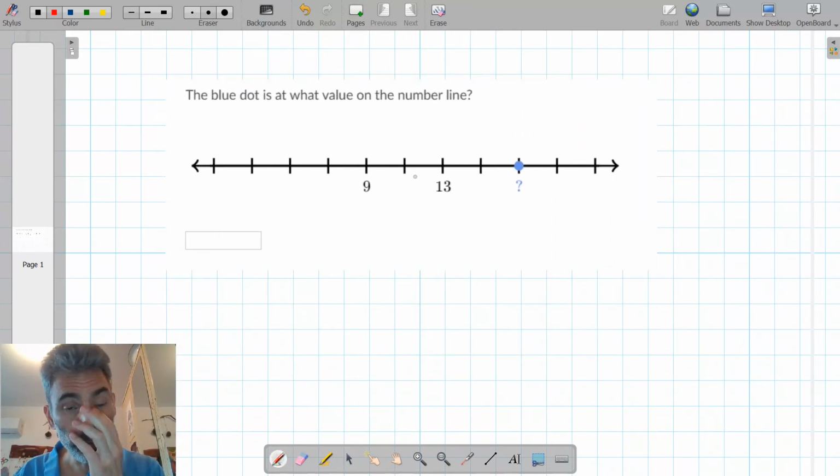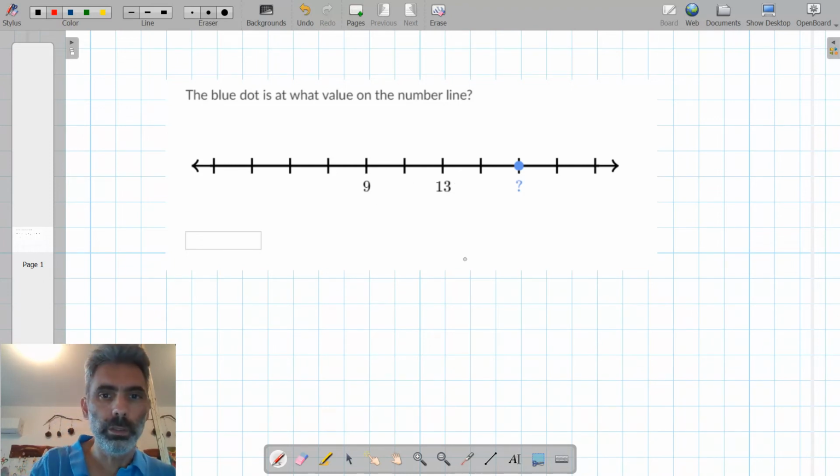Here the distance from 9 to 13 is 4, which means that each hash mark represents an interval of 2, because halfway between 9 and 13 is 11. So this is a jump of 2 and another 2, we get to 13.